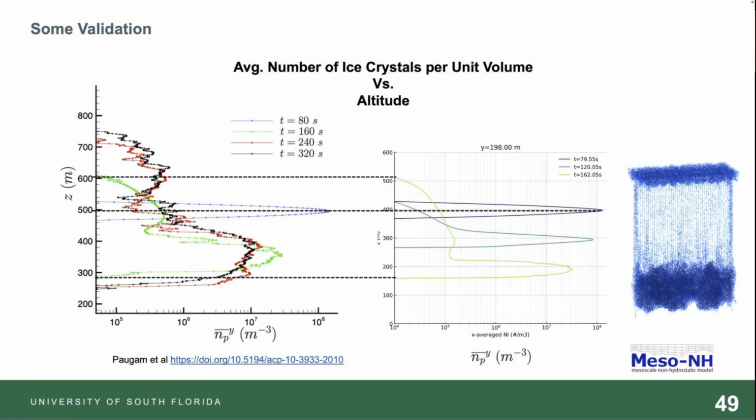Nevertheless, we can see that the general behavior and the general dynamics of our simulated vortex pair very much resembles the literature. Specifically, if we look, for example, at that initial distribution, that is about 80 seconds into the simulation. And then we can see the light green distribution here on the right where my cursor is.